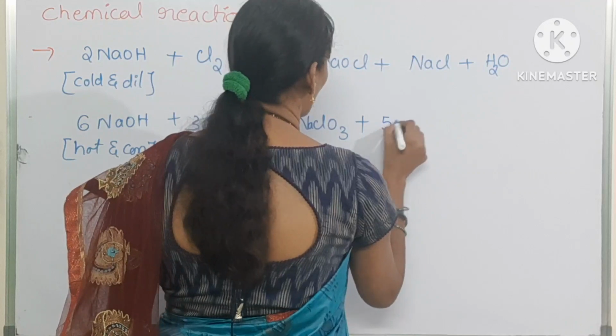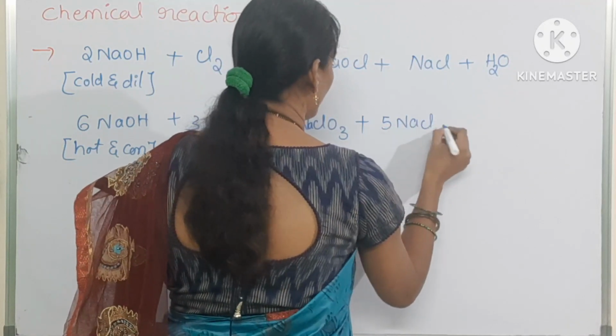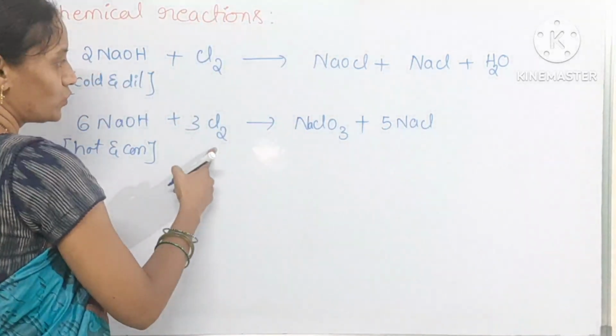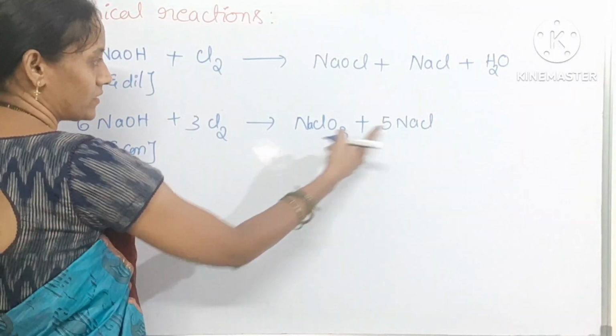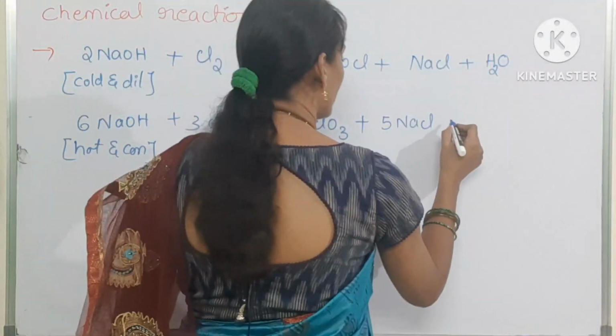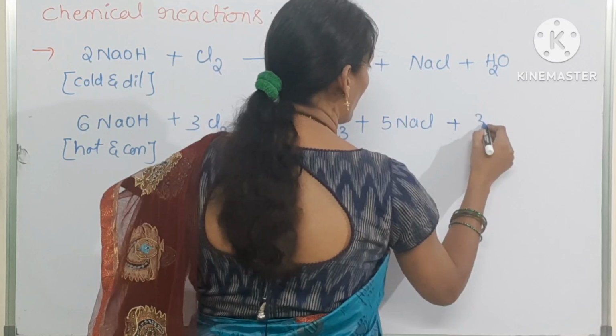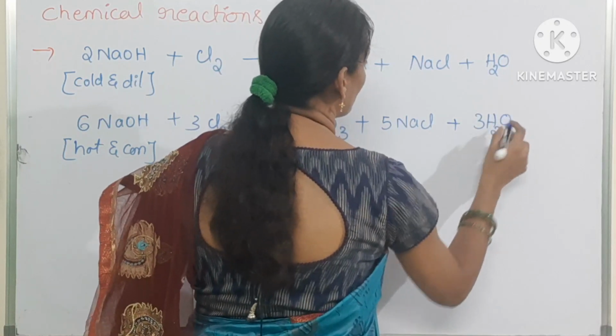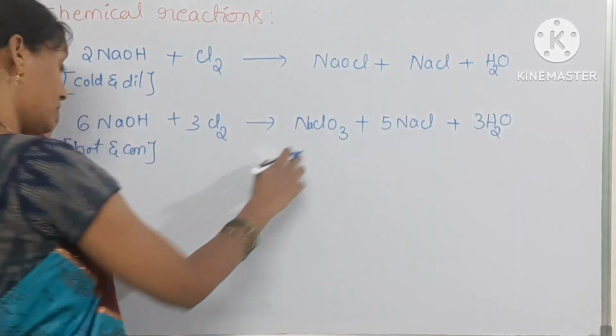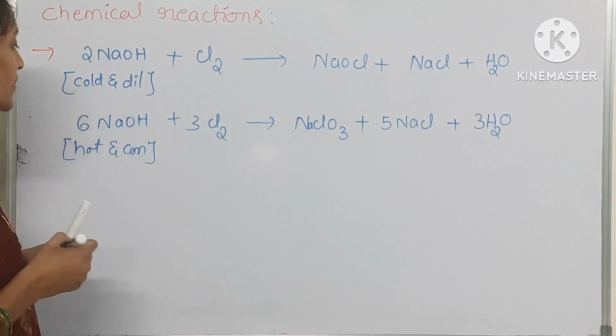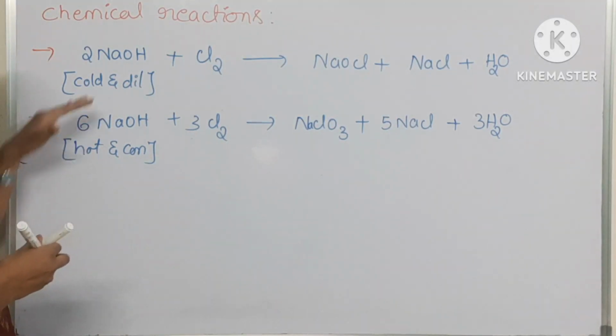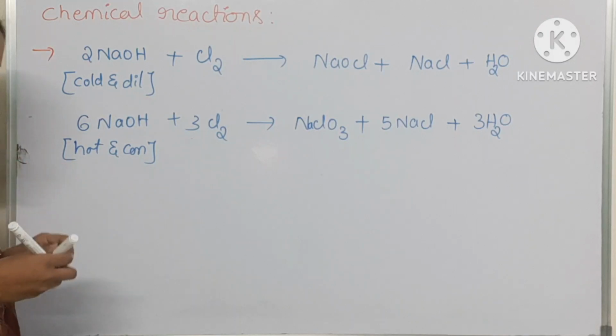Next 5 moles of NaCl, 6 chlorines completed. Next remaining one is the water, 3 oxygens, 6 oxygens, okay, enough. This is about cold and diluted NaOH, hot and concentrated NaOH.